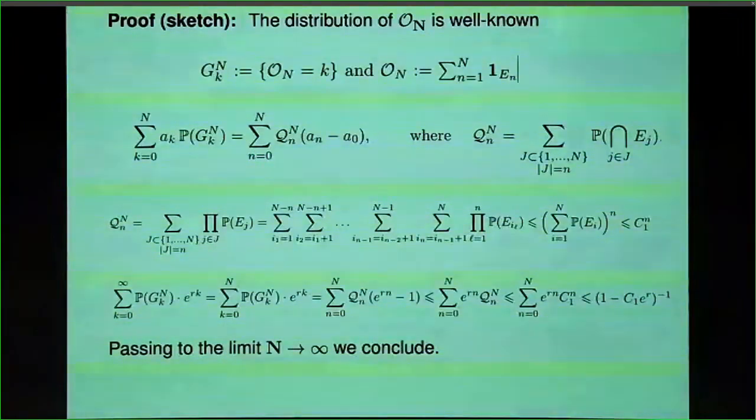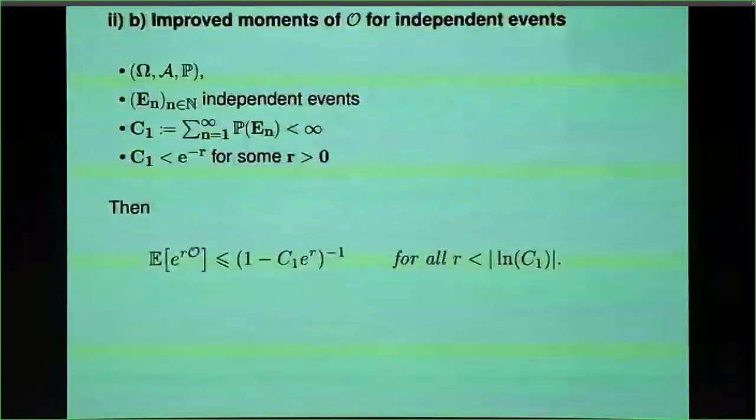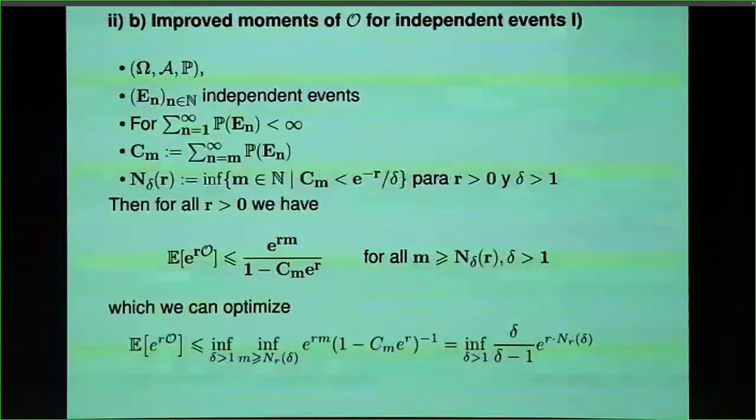Using this original formula, we get something which at first sight is not so spectacular, but it will turn out to be. What we get is that we can estimate the exponential moments by something where we look at CMs, as I promised you. The CMs are just the tail of the series, and this was the thing we were looking for since the very beginning.